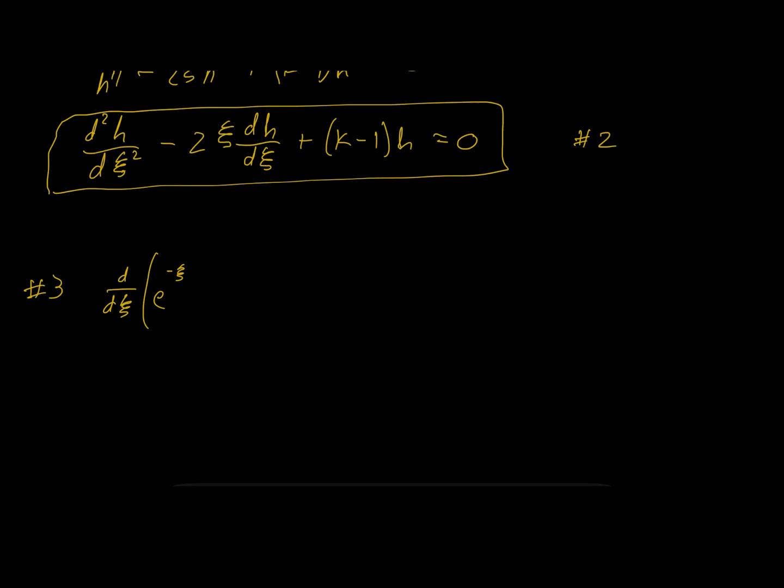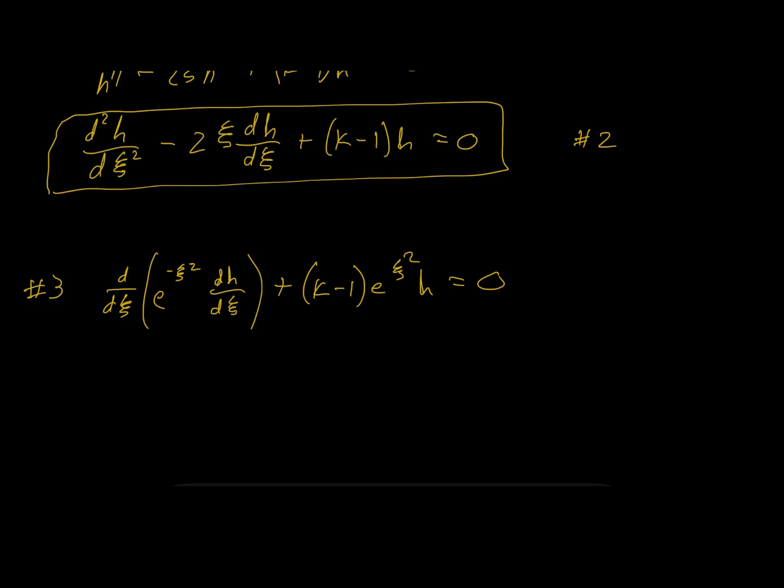Minus c squared, this time not over 2. We have dh over dc, okay, plus k minus 1 e to the c squared h equals 0. So this is pretty easy, straightforward.